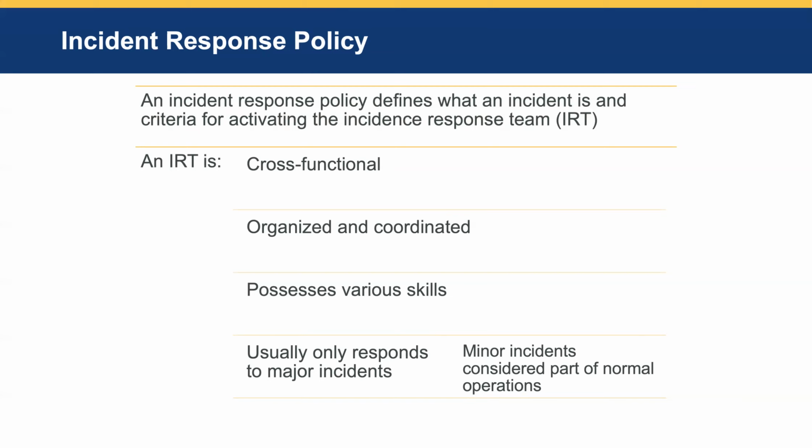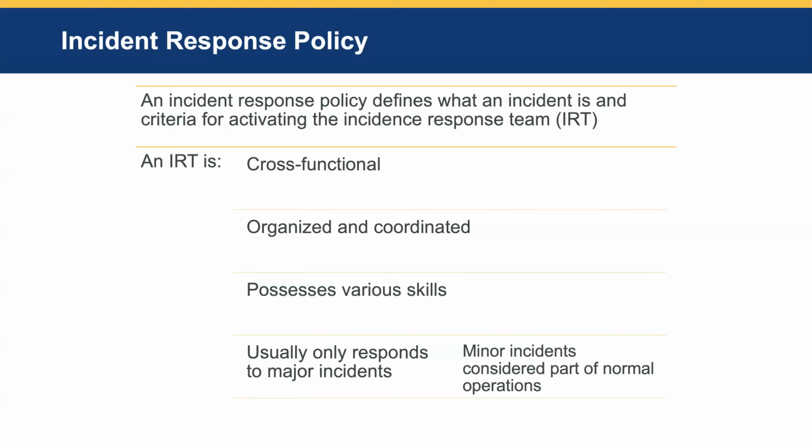Our incident response team is also going to need to possess various skills. This means that all stakeholders that are a part of the team need to have a Swiss Army knife of different skill sets that will make them effective in responding to appropriate incidents within the organization.